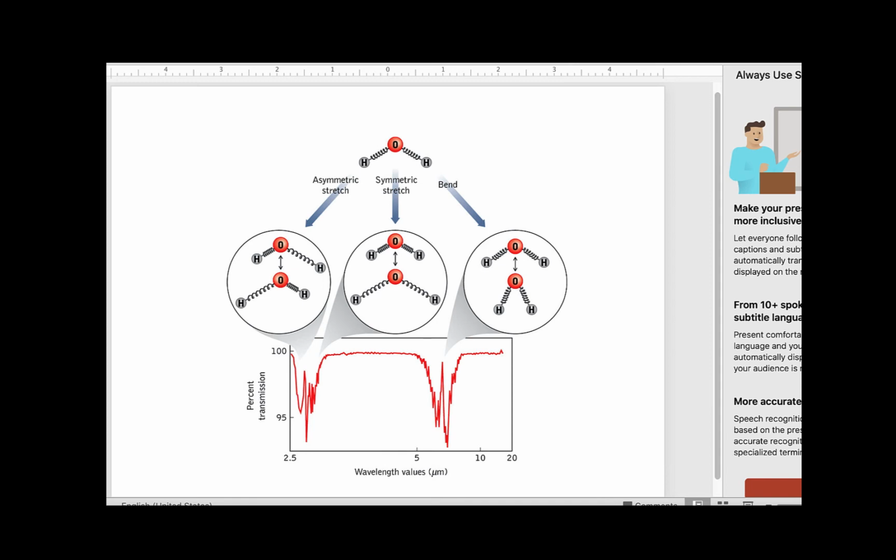The symmetric, the asymmetric, and the bending stretches all absorb infrared radiation, and you can see where those are on their spectrum. So these are just two examples of different ways that molecules can interact with infrared radiation and absorb it. And you can also see that these spectra right here are listed in micrometers.